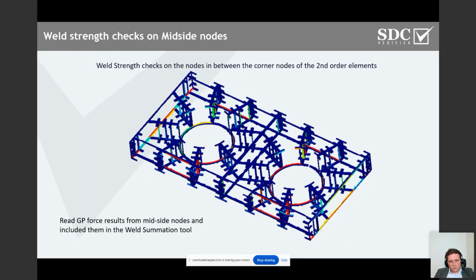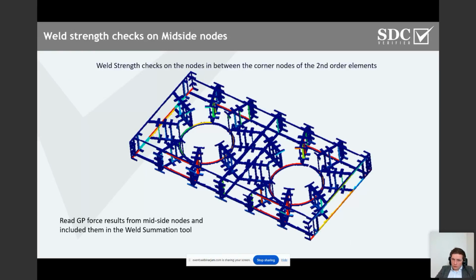From this version onwards, we are reading the force balance and GP force results from every mid-side node along the weld line, and we are able to include them in the weld summation tool. Therefore, we can include them in the weld strength checks, and you get more precise results on models with mid-side nodes.